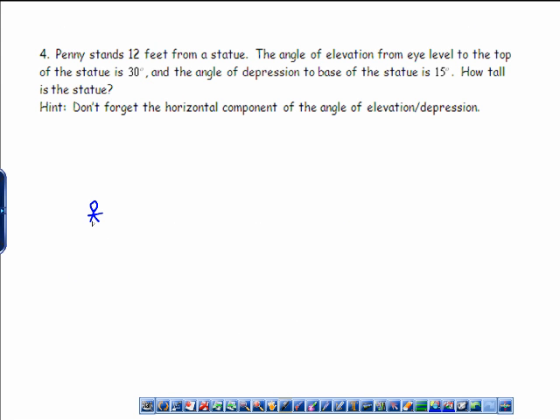Here's Penny, okay, and she is going to look ahead, and there's going to be a statue. Okay, in my mind, this statue is very abstract, so it's something that looks maybe like something out of Beetlejuice. Okay, so if she's not looking up or down, that there is her line of sight, and here we'll say is the ground.